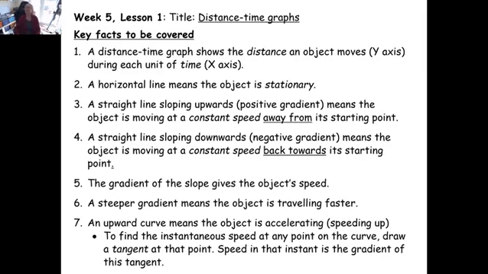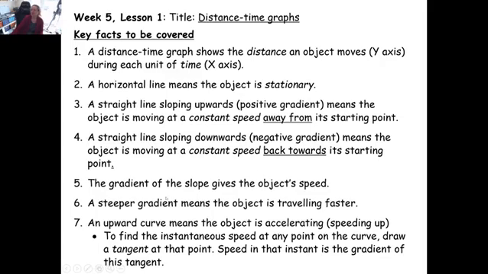Okay, year 10. So that's our lesson today on distance time graphs. You can see that we should have covered all of those different facts in this lesson. Distance time graph showing how far the object moves during each unit of time. Horizontal line means it's stationary. A straight line sloping upwards means it's moving at a constant speed away from the starting point, but a negative gradient means it's moving at a constant speed back towards its starting point.